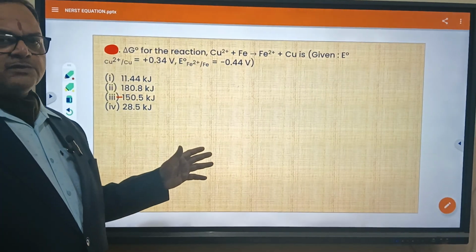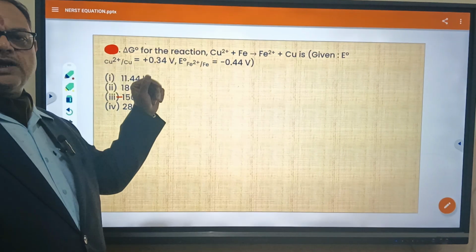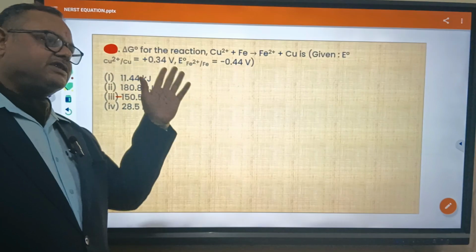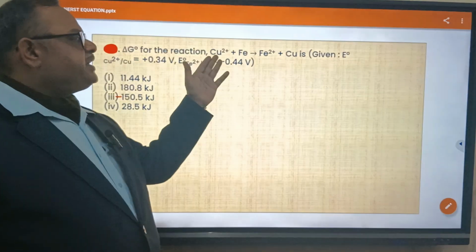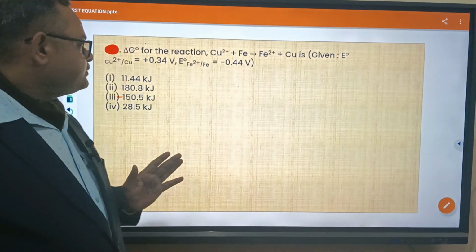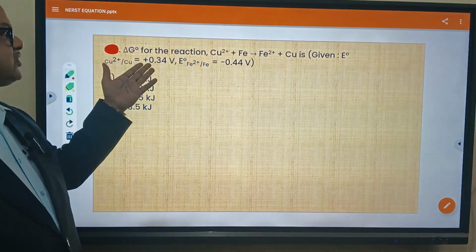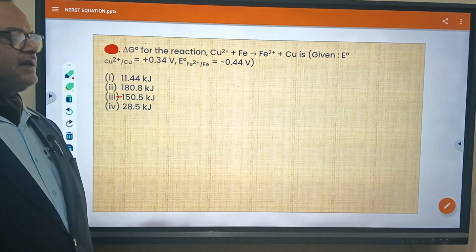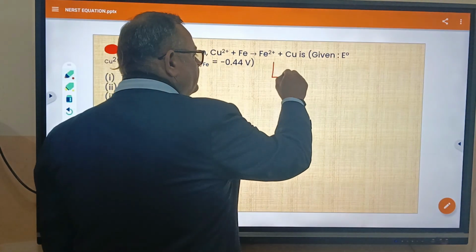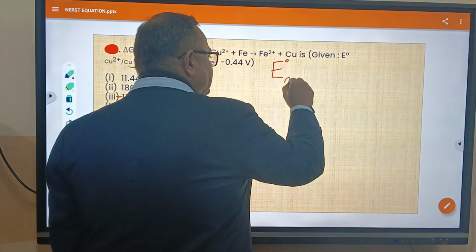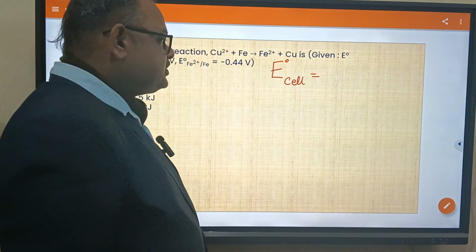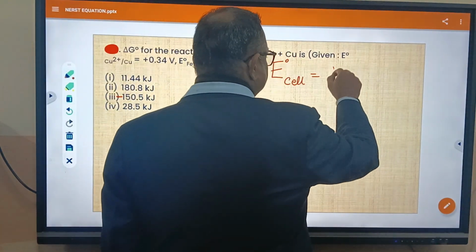Another question comes out from this part, children, where we are supposed to calculate the standard Gibbs energy change for the process. Now as you see, copper is being reduced and iron is being oxidized. We have the standard reduction potential of copper and that for iron. Now first thing we have to do is to calculate E naught cell, and E naught cell is given by the relationship E cathode minus E anode.